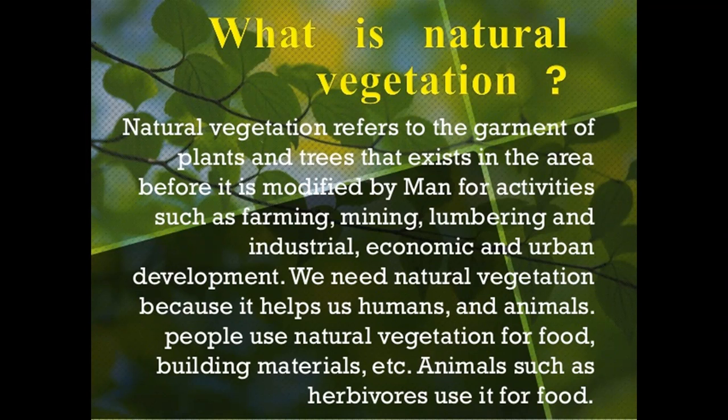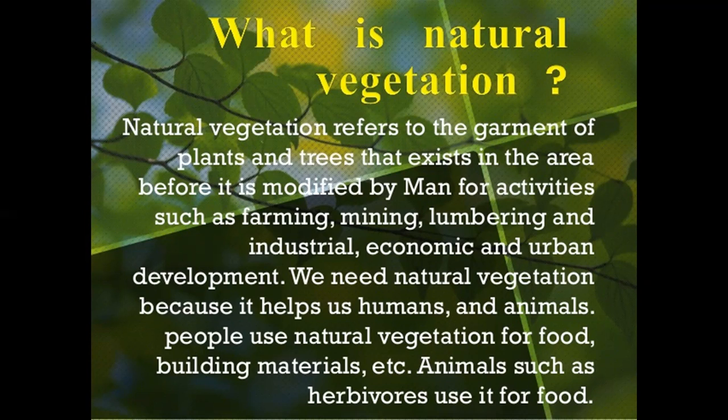In terms of natural vegetation, plants which exist naturally in a region are called its natural vegetation. It means natural vegetation is found in an area called a natural region.